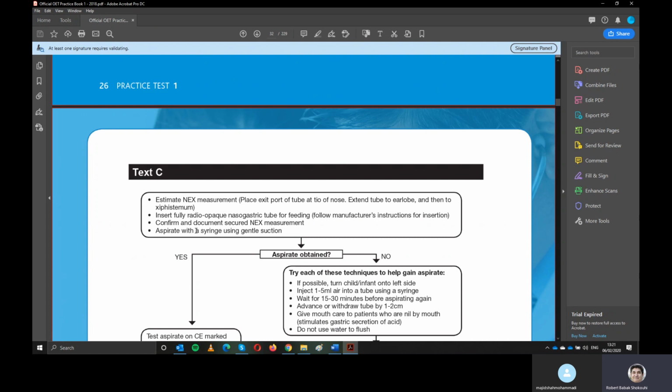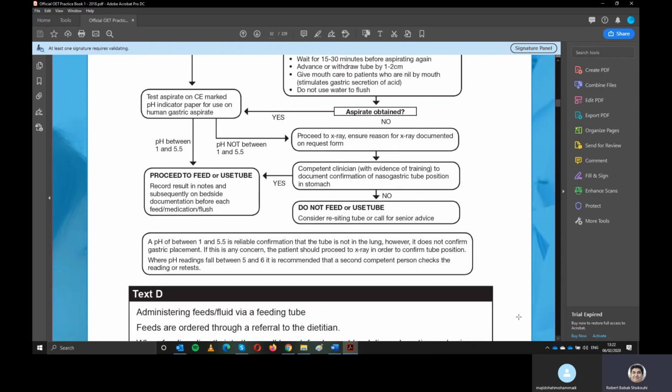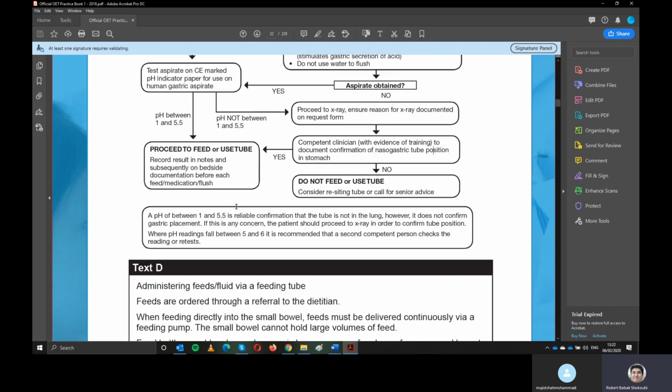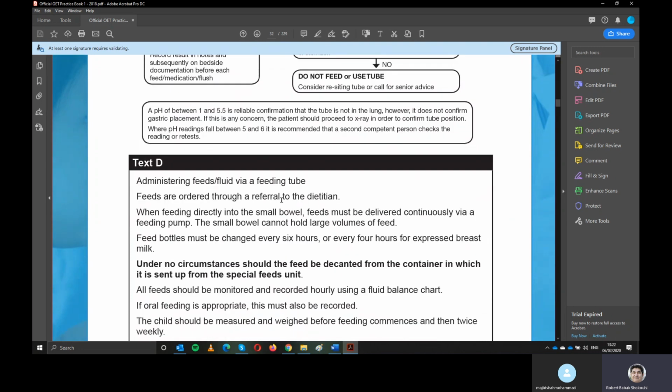Insert fully, confirm, document. Aspirate with a syringe. Okay. Competent clinician to do that. Okay. Text D.